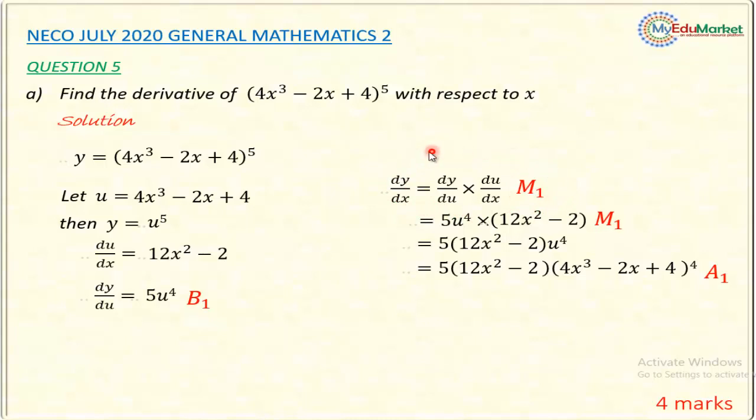Selecting the appropriate rule depending on the nature of the function gives this method 1 mark. And the next, substituting dy du and du dx appropriately in the rule, gives method 1 mark. And the last mark is the accuracy mark, when you have the correct expression for dy by dx. So this is the final mark, accuracy 1 mark. So in total the question has 4 marks.